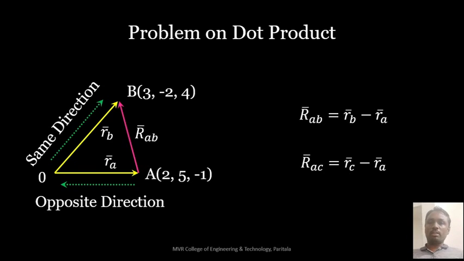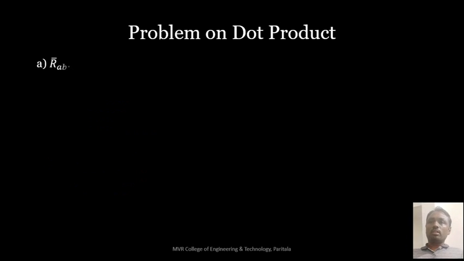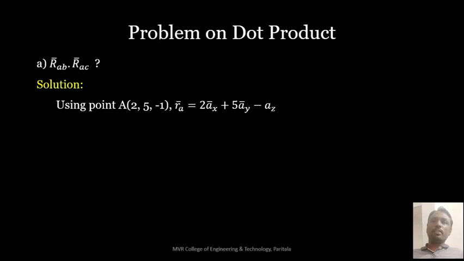Let us see how we can write those. Now we need to find the first problem, RAB bar dot RAC bar. Using the point A, 2, 5, minus 1, we can write RA as: x component 2, so 2 AX bar, plus y component 5, so plus 5 AY bar, and z component minus 1, so minus AZ bar. The 1 we do not write, because 1 times anything gives the same.